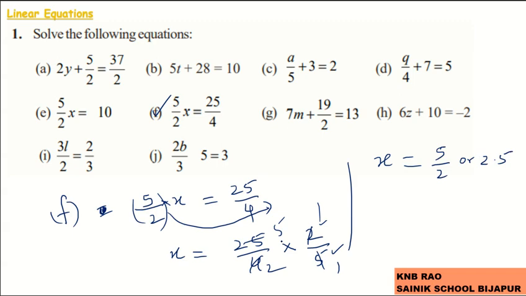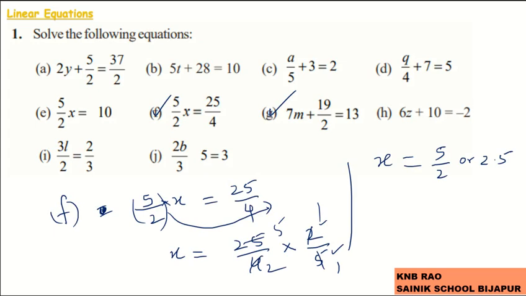Now let us solve this G. 7m plus 19 by 2 equals 13. Now see students, here this 19 by 2 is not a multiplicand as in the case here.